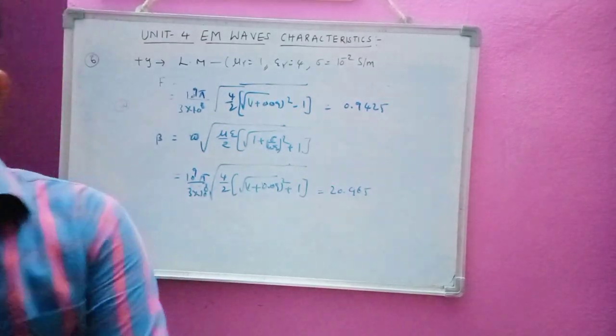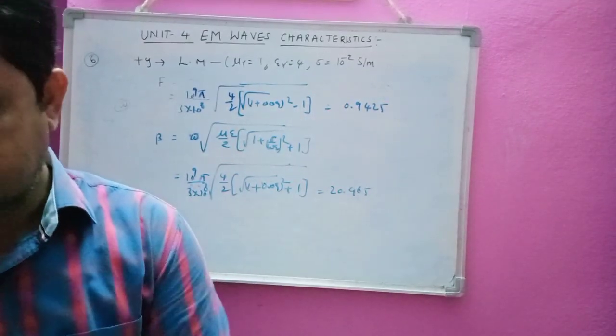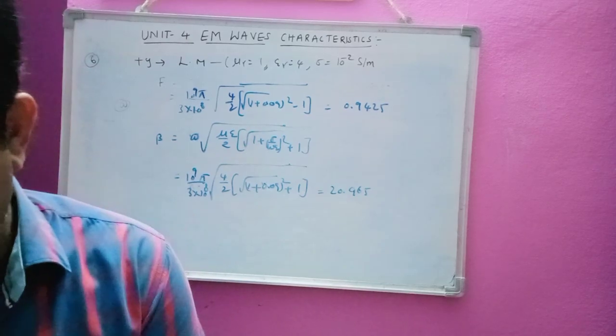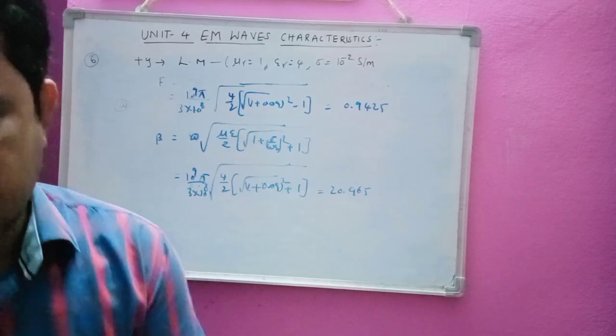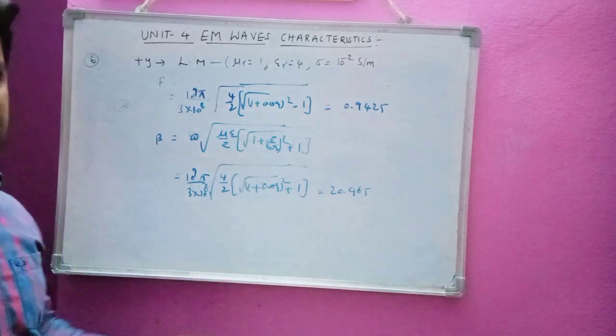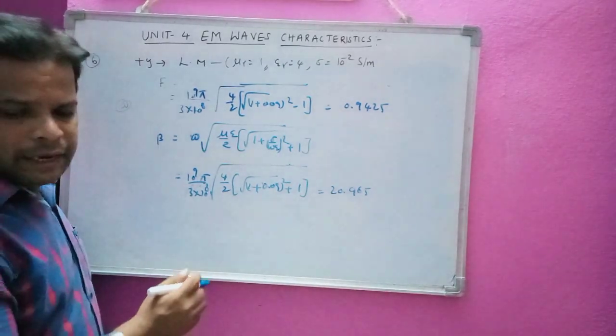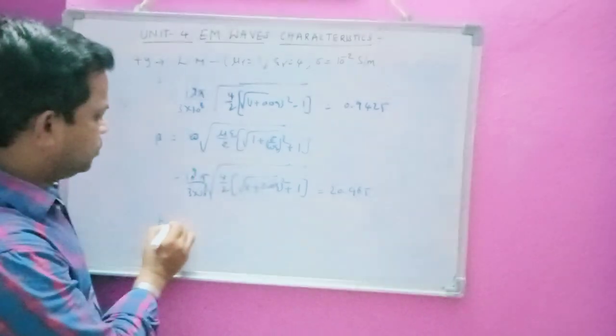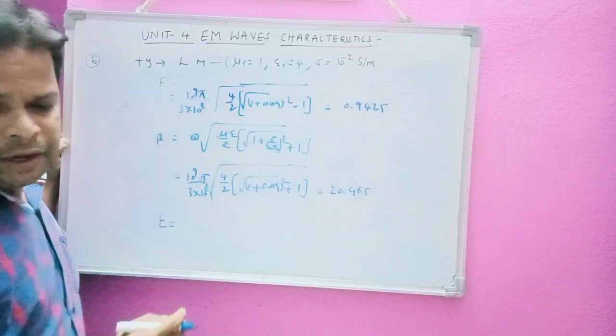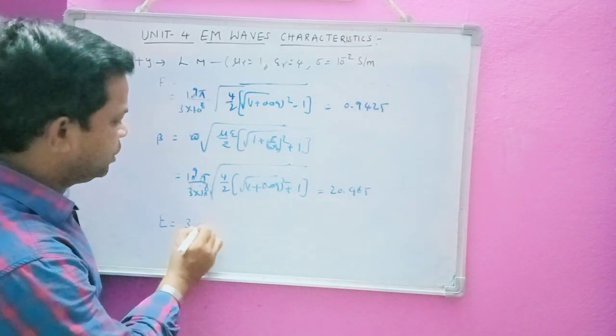Now after that, we will try to calculate the value of E here. Why? Because E has already been given, but we don't know the values of alpha and beta. That's why we are calculating them here. Now E is equal to 30, I mean, he has given the value of E here, 30 into e power minus alpha z.